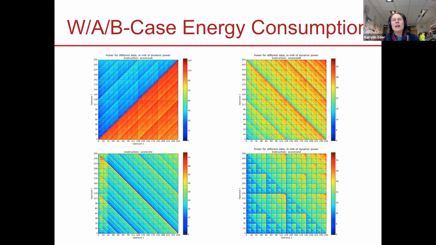That is because it is unlikely that the data that caused the worst case for one instruction produces a result that also triggers the worst case for the next instruction, and the next instruction, and the next instruction. We've got some interesting data on this, and I'll show you a little bit later.